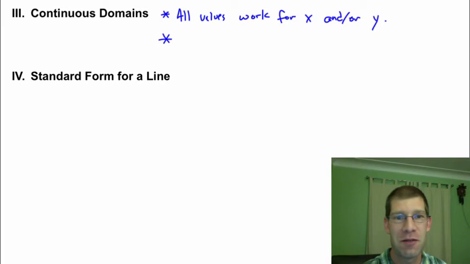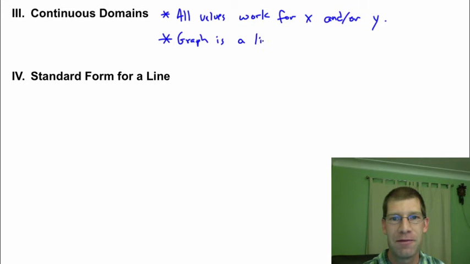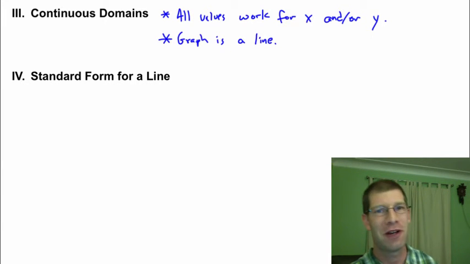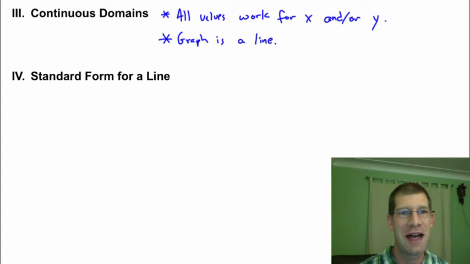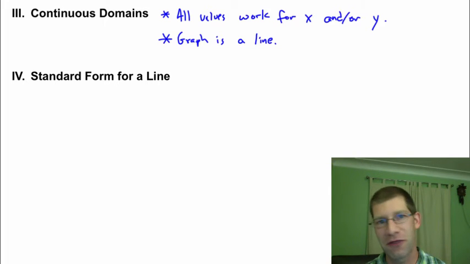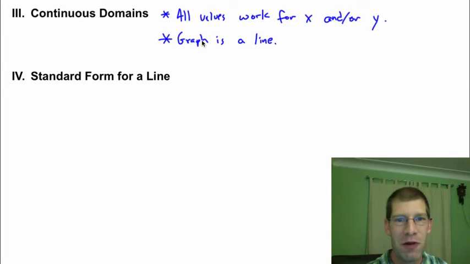So the graph is just going to be a line. In this chapter, at least, this chapter is linear. It's all about lines, so the graph is going to be a line. It is possible to have continuous domains for parabolas and sine waves and square root functions and all that as well. But the point is, you're not going to have dots. It's all going to be connected.